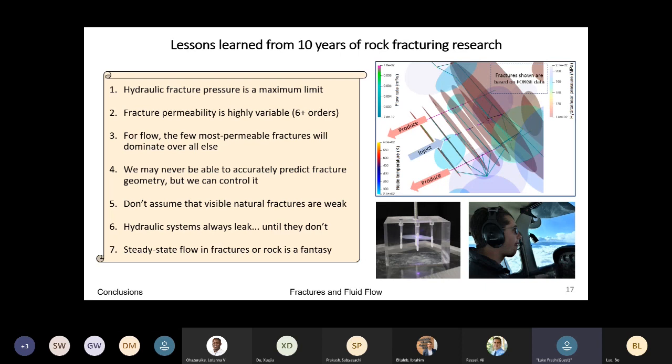Because if you want to inject, say for EGS, in an open hole without any sort of zonal isolation technology, what's going to happen in pretty much every case, unless you're very, very lucky, is one major fracture is going to take all that flow. So you have to use different approaches in order to achieve systems that can accommodate more flow in more areas to get better sweep of your reservoir, to get better production. And that's what I'm showing here in the top right plot.